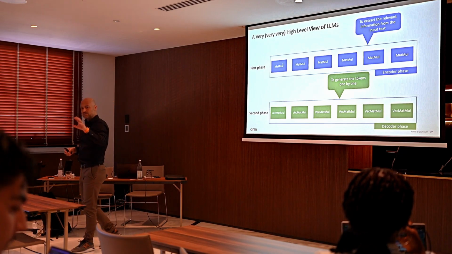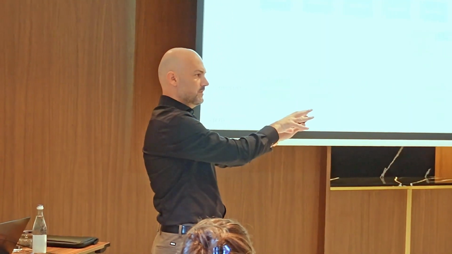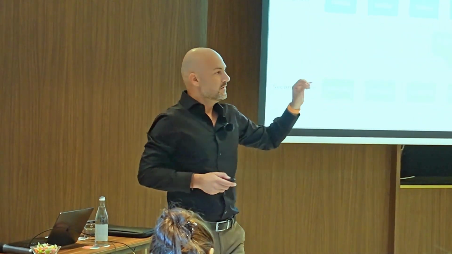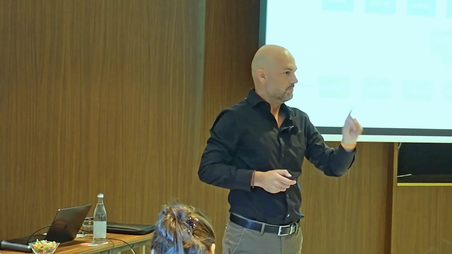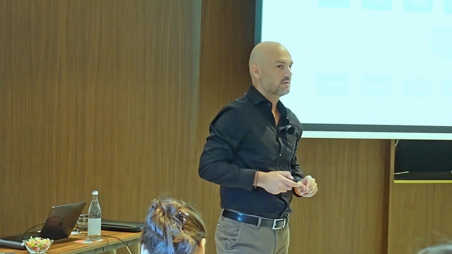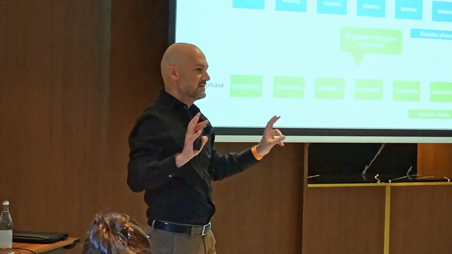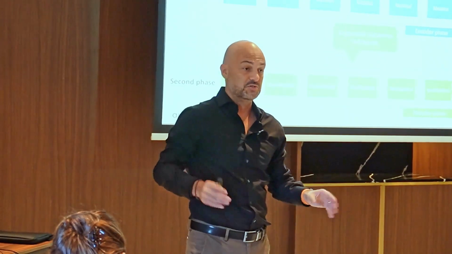For text generation, I hope you are familiar with LLMs, but in short, you have your prompt, you wait a bit of time, then your model will start generating the words, or tokens to be precise, right? The first phase is exactly that: the time you have to wait before seeing the first word on your screen. It's called the encoder phase, dominated by matrix multiplication operations.